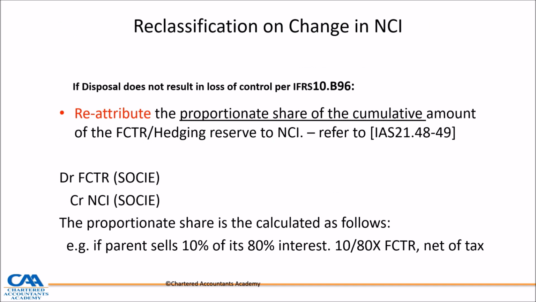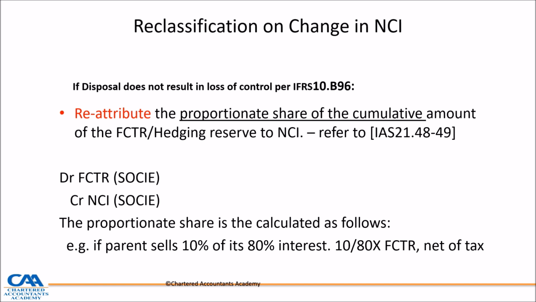We then also need to note something very important in a foreign operation. So again, we'll do this and probably show some examples for foreign operations. In IAS 21, paragraphs 48 to 49 indicate how to deal with the foreign currency translation reserve. So when there's a change in NCI, our gain or loss would not go to P&L.